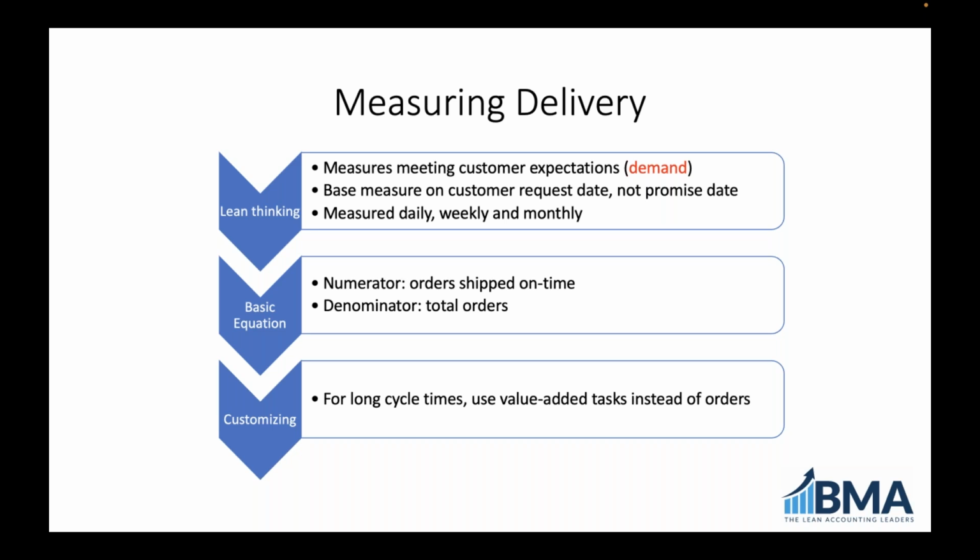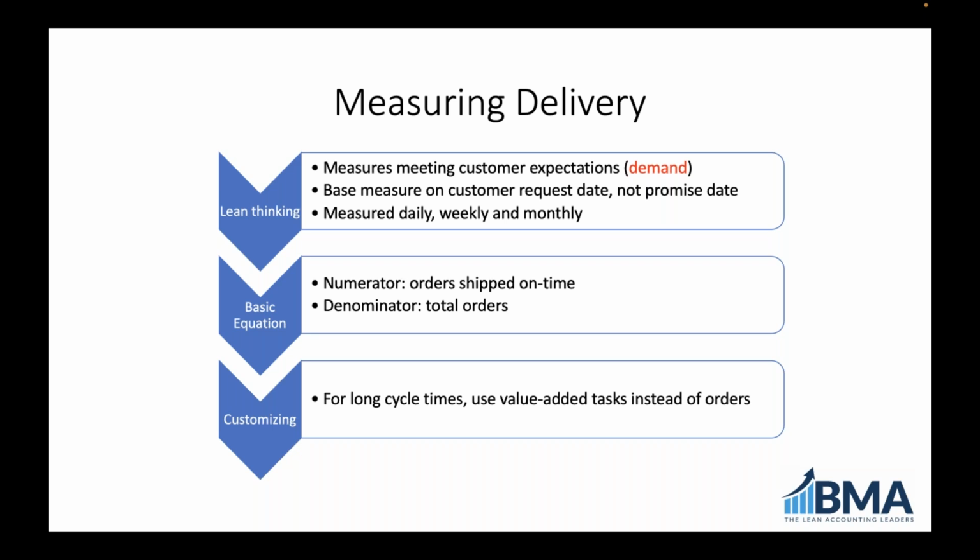This is the work that the process must perform to achieve the output that a customer wants, whether it's making a product or delivering a service. And even for example, in accounting, it's delivering information on time. So you want to base the measure on what the customer wants, not a promise date.